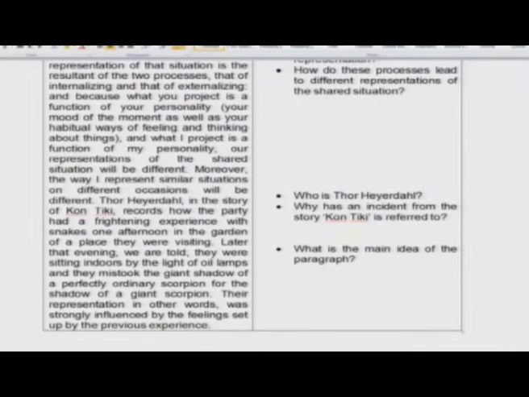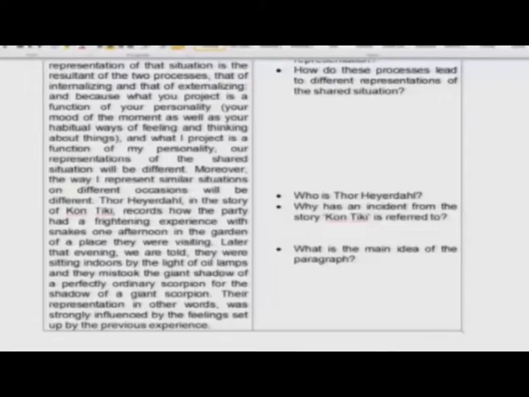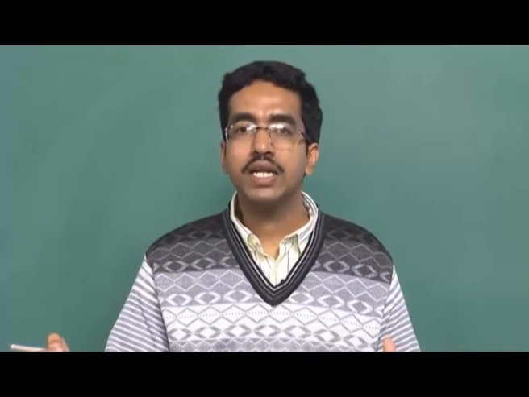So, the party here has already had a frightening experience with snakes and then when they come across a shadow a little later, they think it is the shadow of a giant scorpion, because at this moment their viewing of the situation is greatly influenced by their previous experience.